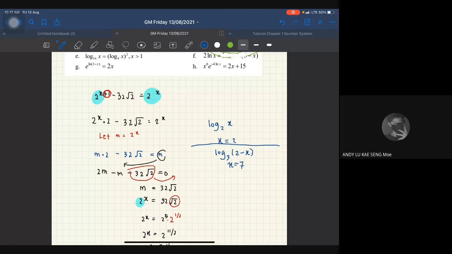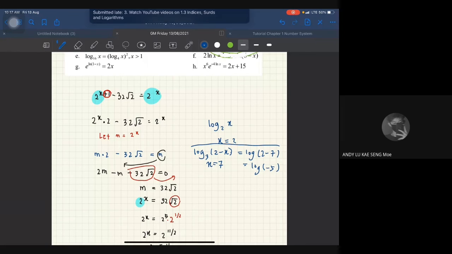Okay, so bila awak substitutekan semula x equal to 7 dekat dalam awak punya log, so dia akan jadi log 2 minus 7 is equal to log negative 5 kan. So this one is considered as undefined. So dia tak ada jawapan lah. Kita tak accept x equal to 7 sebagai jawapan kita. Okay, so kalau case yang macam ini sahaja awak tulis. Boleh faham ke? So maksudnya kalau jawapan tu kita reject sahaja, baru awak akan tulis recheck tu.